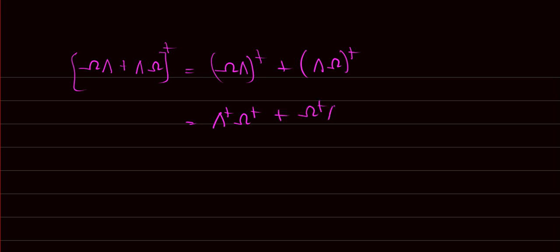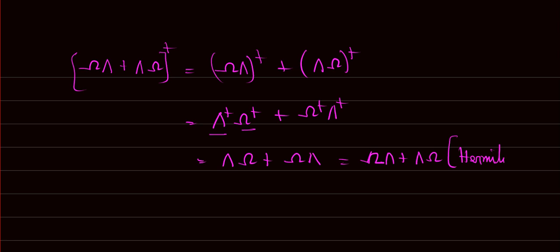And the order will change, as we know. This is Hermitian, this is Hermitian, so this and this. The order of the summation does not matter, so we can write it like this. So definitely this is Hermitian.